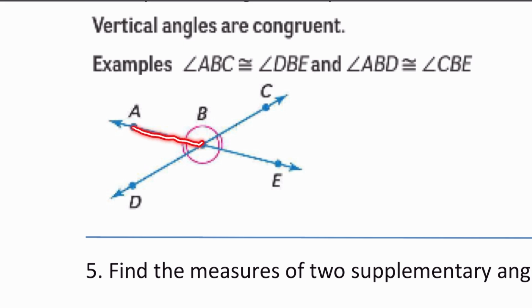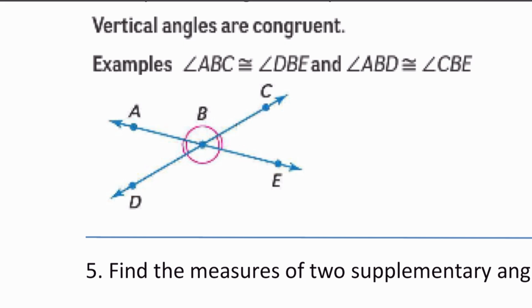Angle ABC is across from angle DBE. So those two angles are congruent, and we use these arcs to indicate congruency. I use one arc here, and I use one arc there to show that those two angles are congruent. Okay? And then we have angle ABD, which is across from angle CBE.